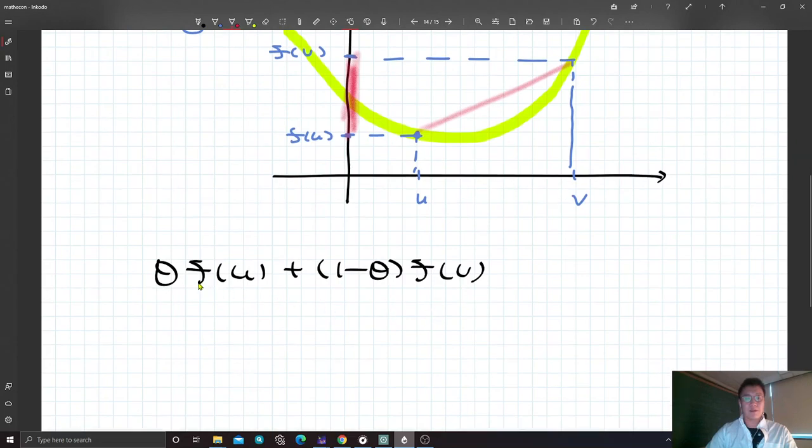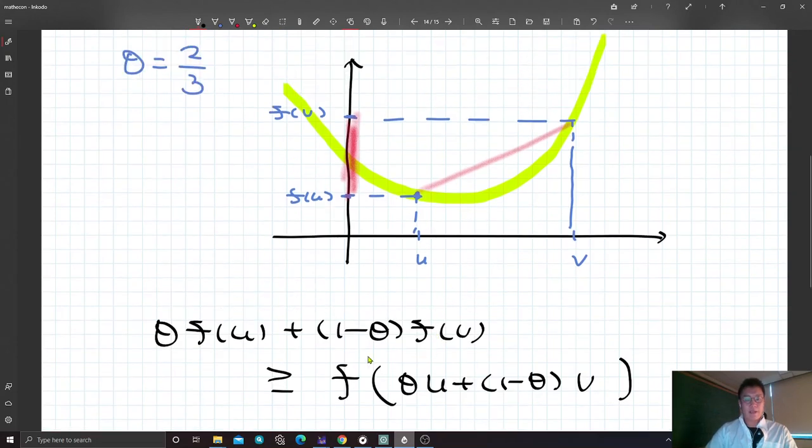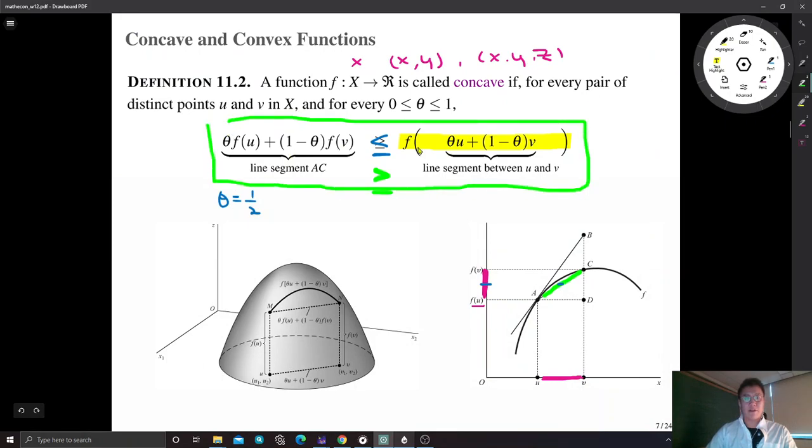So that means this quantity is now larger than the function's value over this interval. All right, so that is a formal definition of the convex function. And this one is the definition of concave function.